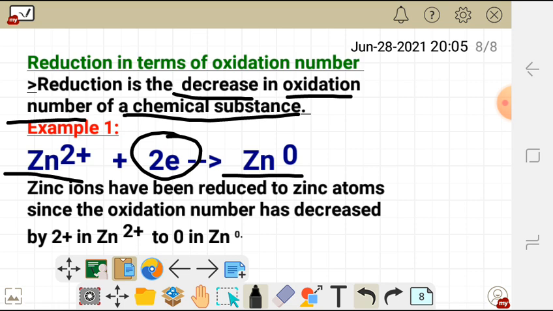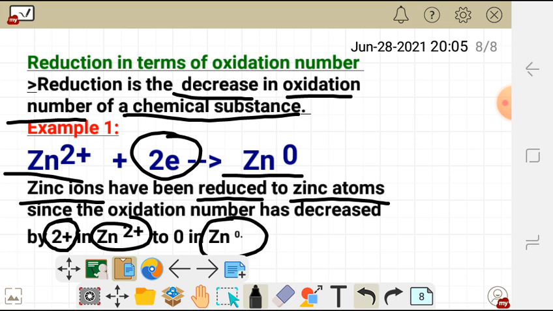So you can conclude that zinc ions have been reduced to zinc atoms since the oxidation number has decreased by 2, from positive 2 in zinc ions to 0 in zinc atoms. So the oxidation number has reduced from positive 2 to 0. So that is reduction in terms of oxidation number.